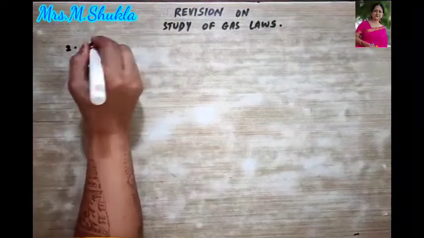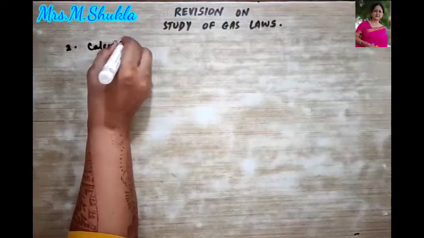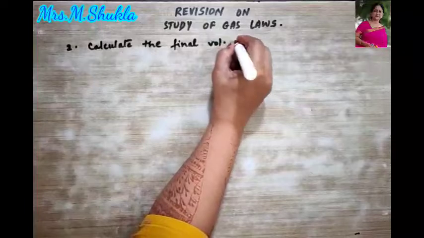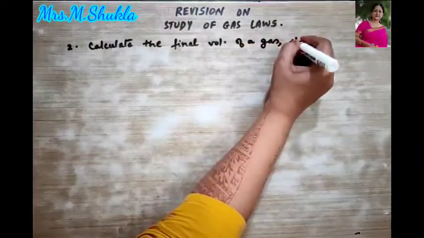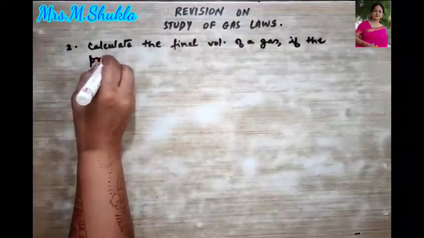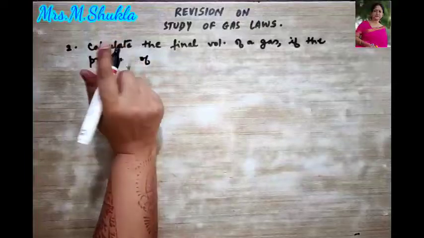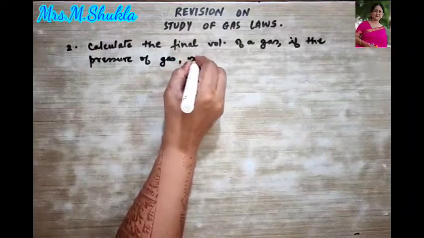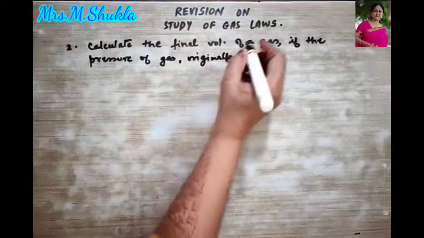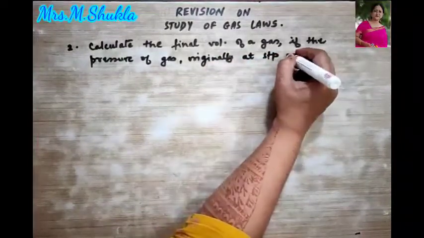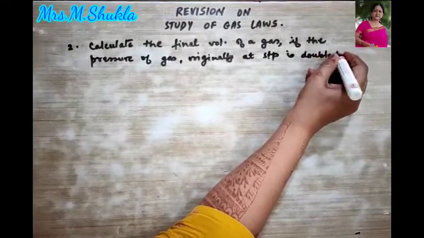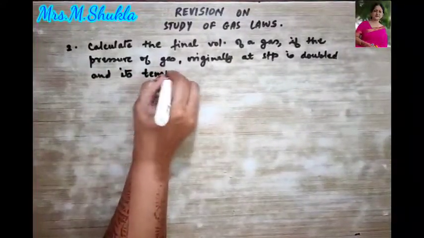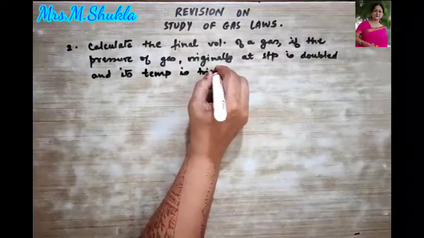Okay, second question. Calculate the final volume of a gas if the pressure of the gas, originally at STP, is doubled and its temperature is tripled.